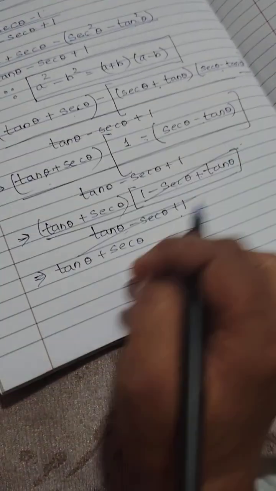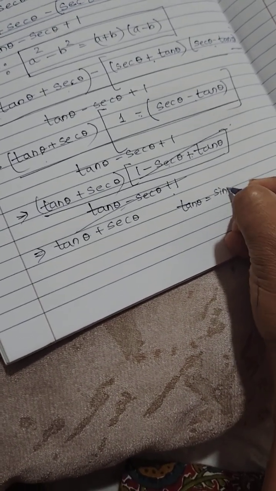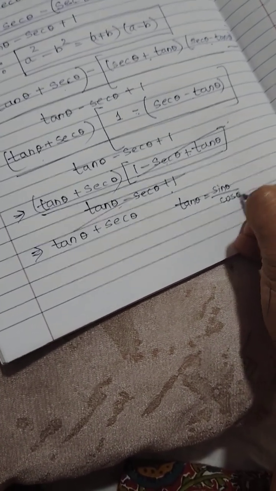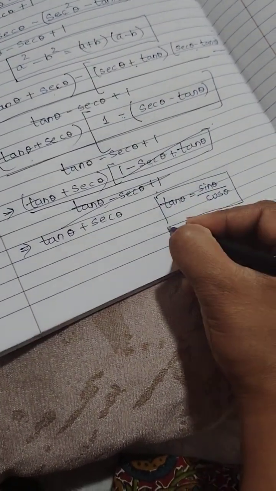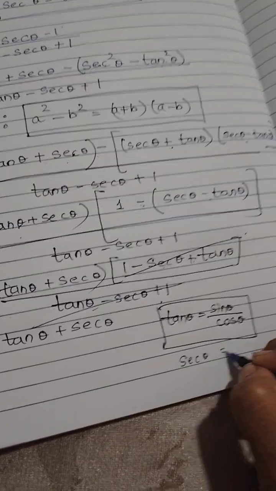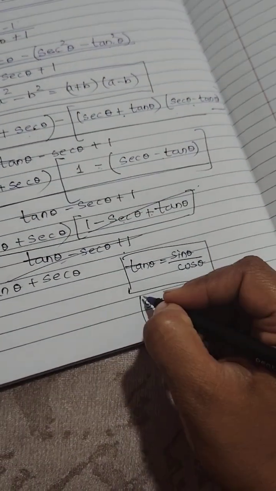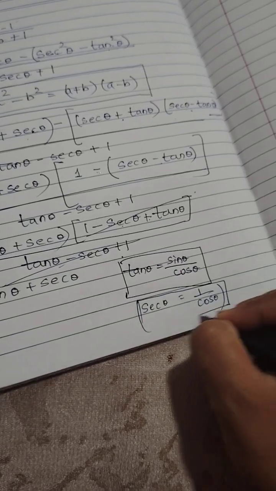Now you know how you can write tan theta. Tan theta can be written as sine theta by cos theta. This is another identity that we are using. And what is secant theta? Secant theta is nothing but 1 by cos theta. This is also one more identity that we are using.